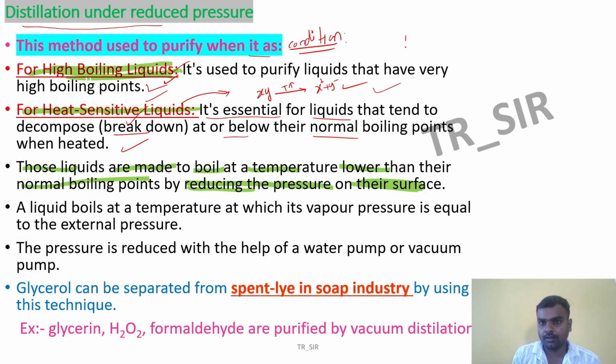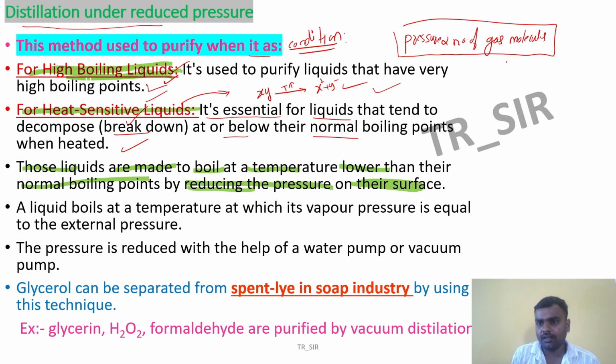Pressure is proportional to the number of gas molecules. If I remove the gases using a vacuum, the gas molecules reduce, so pressure also reduces. If pressure reduces, automatically the boiling temperature also reduces.